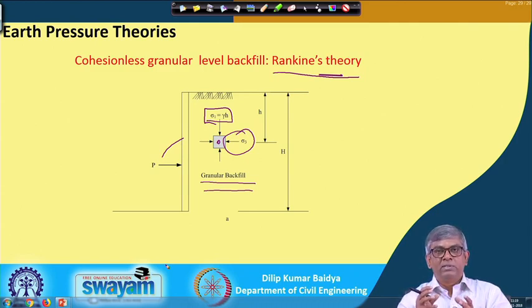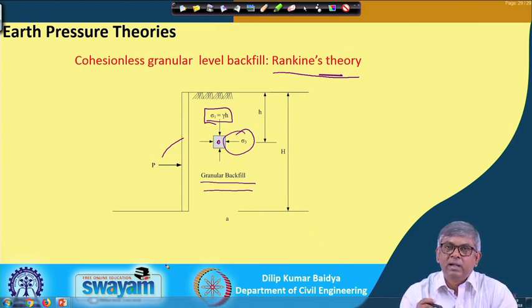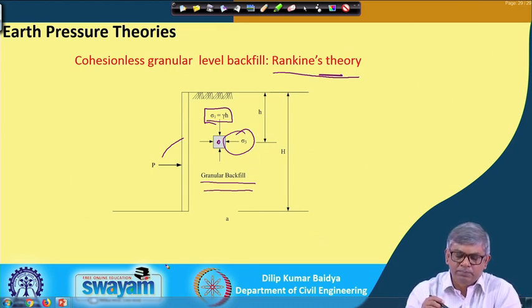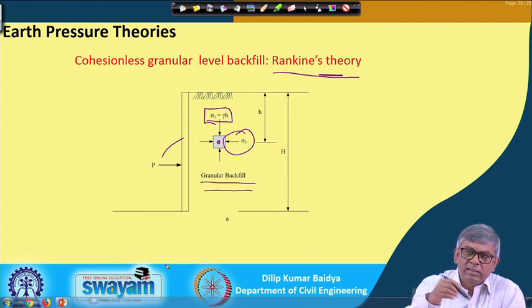By seeing the Mohr circle and failure envelope, I can relate sigma 1 and sigma 3, where sigma 3 is nothing but the lateral earth pressure in the active condition.